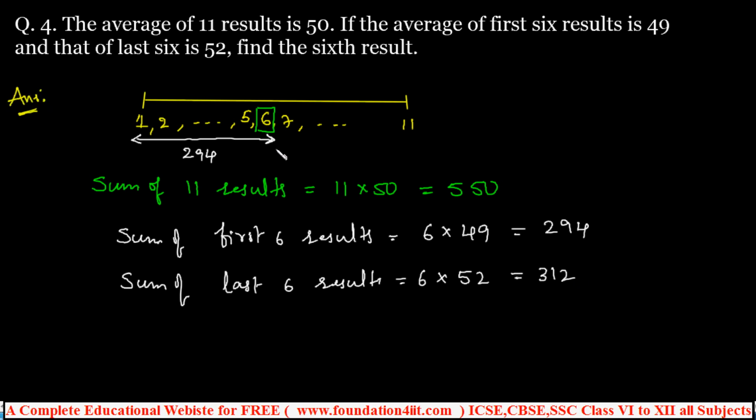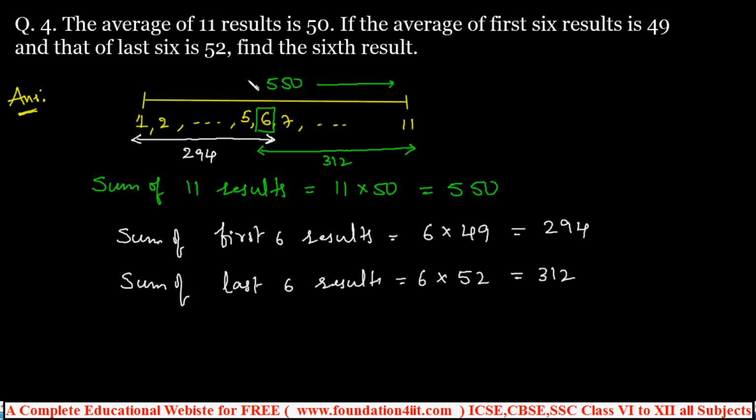If you notice, the last 6 means 6 to 11: 6, 7, followed by 8, 9, 10, 11, these are all 6 numbers. How much did you get? 312. In this, if you notice, 6 is added twice, since you count the first 6 and the last 6 separately. The total of 1 to 11 is 550.